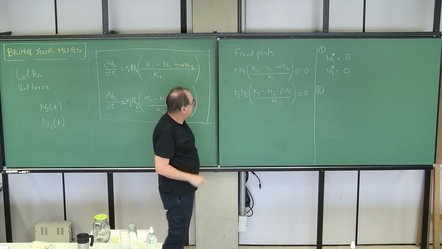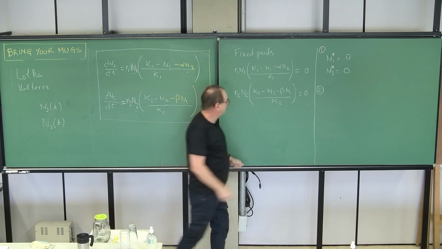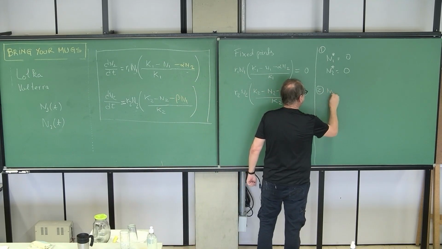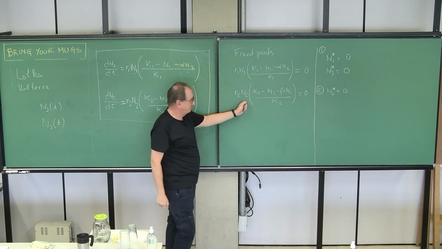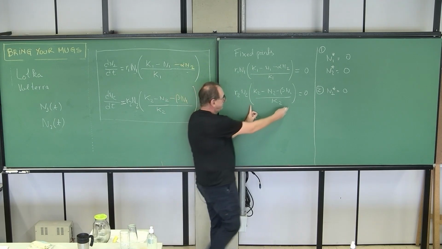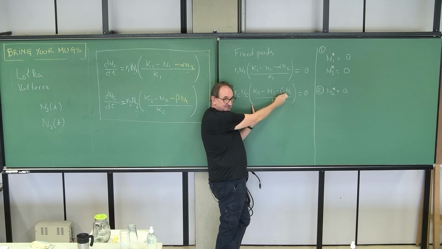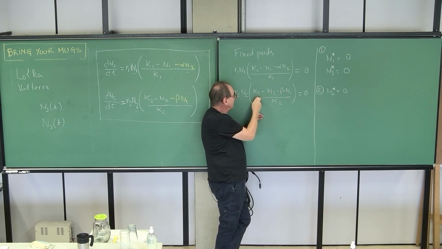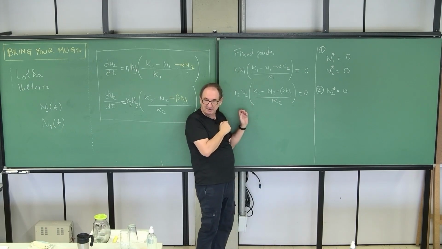So fixed point number 2, let's say that N1 is still 0 but N2 is not. Then this part has to be 0. But N1 is 0, therefore only if N2 is equal to K2 is it a fixed point.